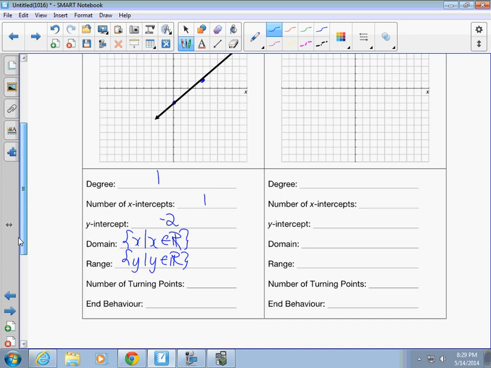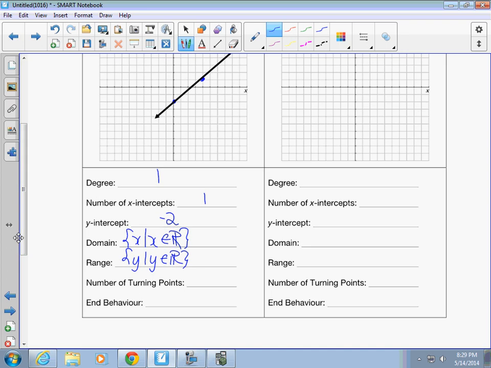So now number of turning points. This graph, because it's linear, continued in one direction, did not have to change any directions. It didn't go up, it didn't go down, it just went in a continuous line.